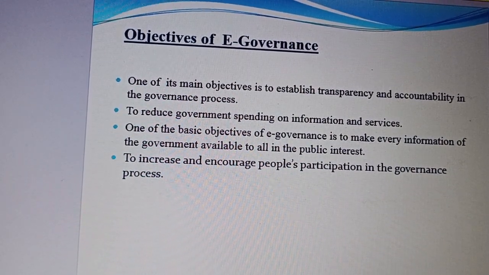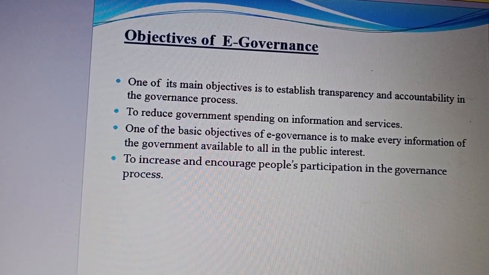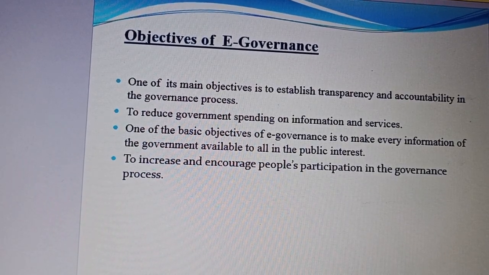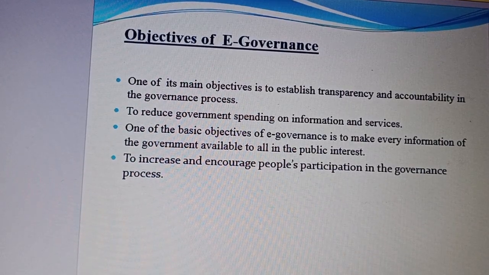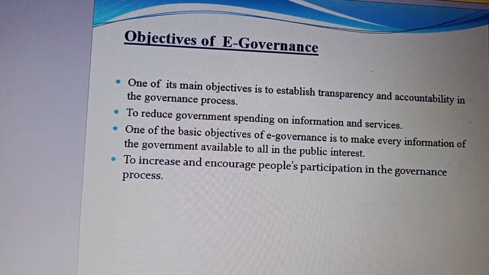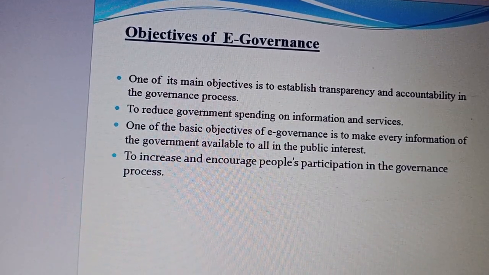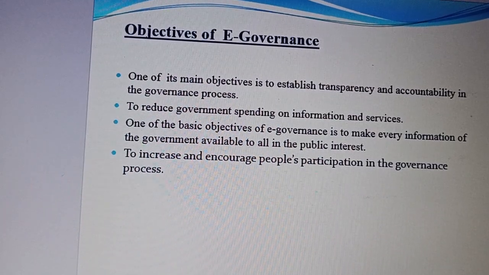The third, one of the basic objectives, is to make every piece of government information available to all in the public interest. Public interest is very important in government applications, because every work is in online form.